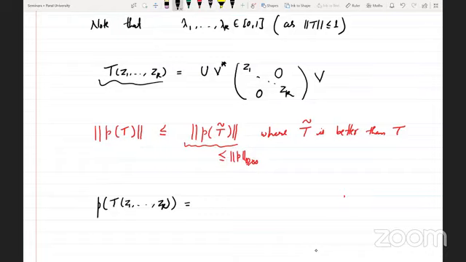Let's do one thing. Let's fix Z2 up to Zk and just vary Z1. That means you consider Z1 to be the variable.